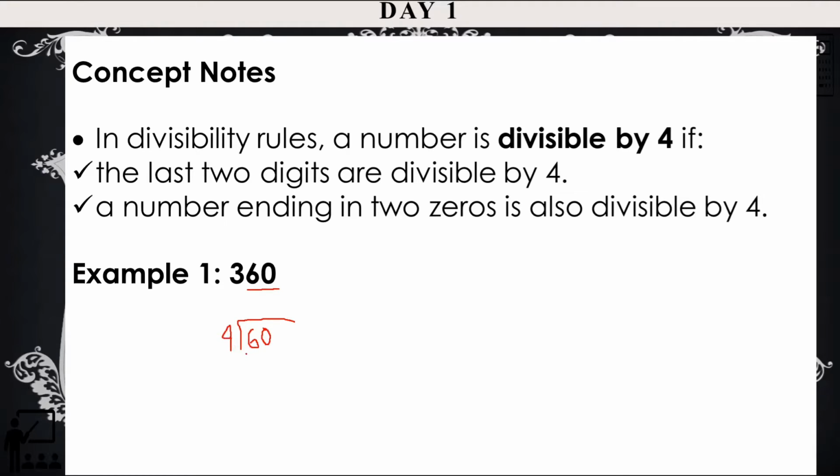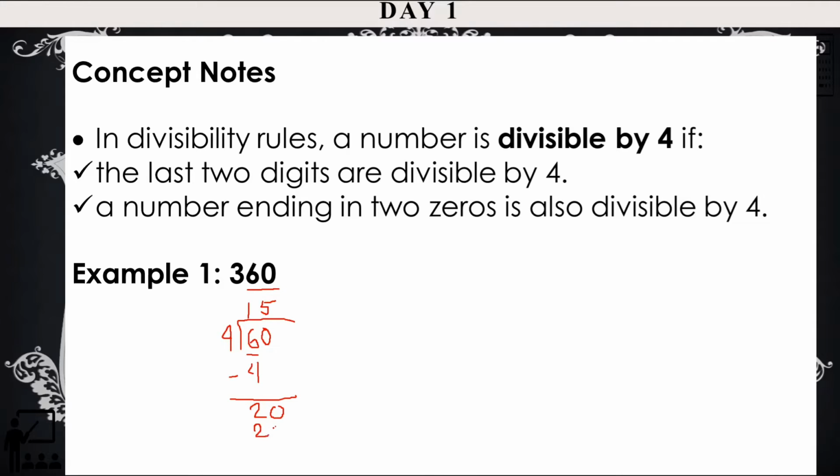So first, let's divide the digit 6 by 4. We have 1, and 1 times 4 is equal to 4. When we subtract, it is equal to 2. We cannot divide 2 by 4, therefore we bring down 0. Next, let's proceed to division. 20 divided by 4 is 5, and 5 multiplied by 4 is equal to 20.